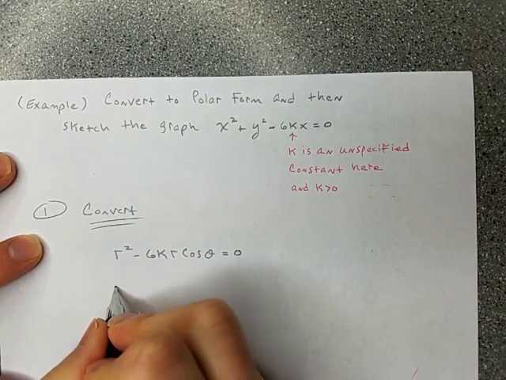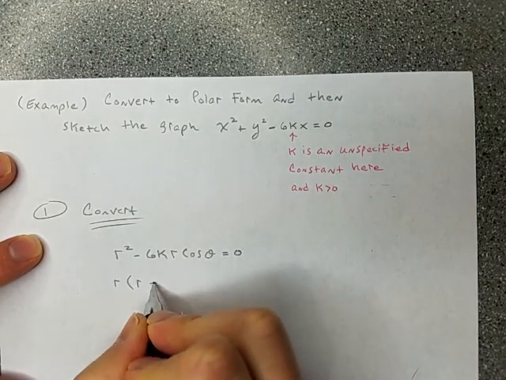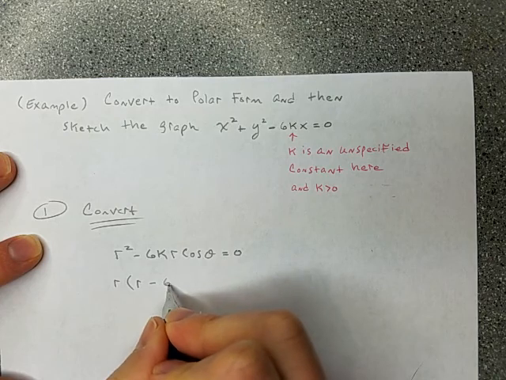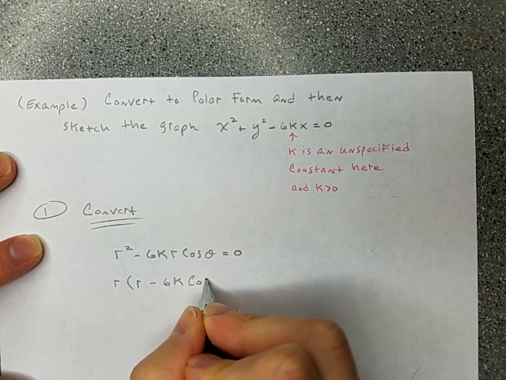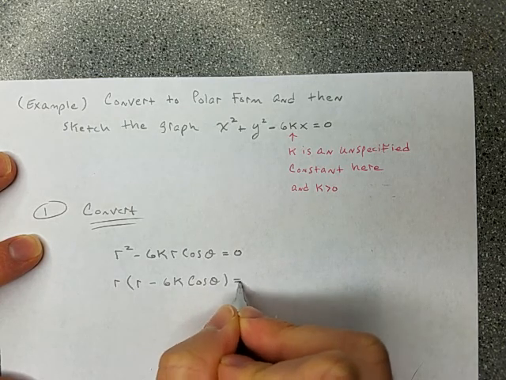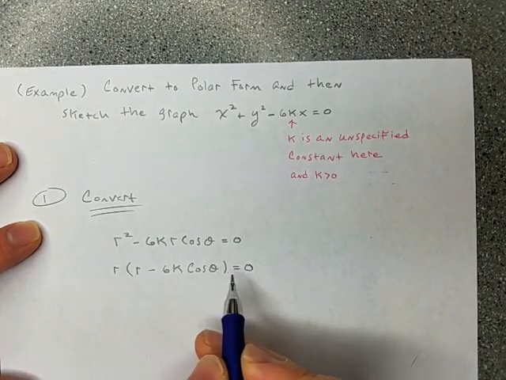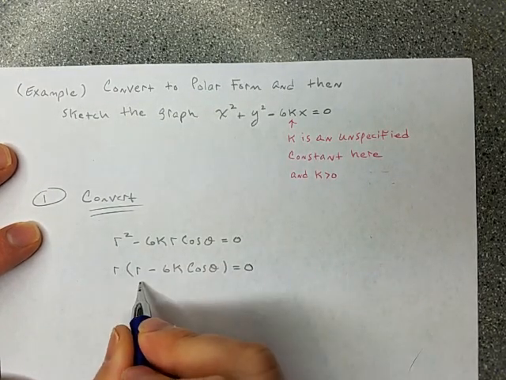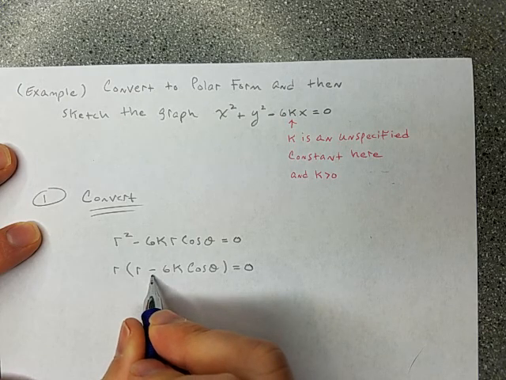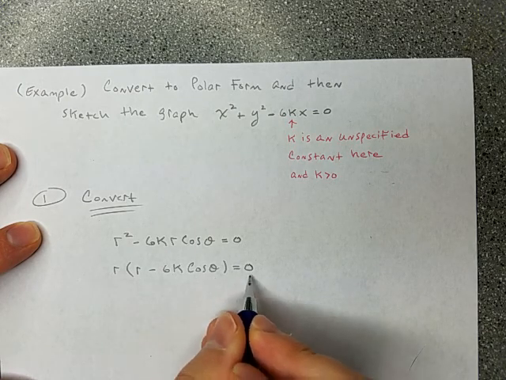Now from here, I can factor out the r that's common to both of those terms, and then I get it like that. From this point, I could divide both sides by r, and I'll get r minus 6k cosine theta equals 0.